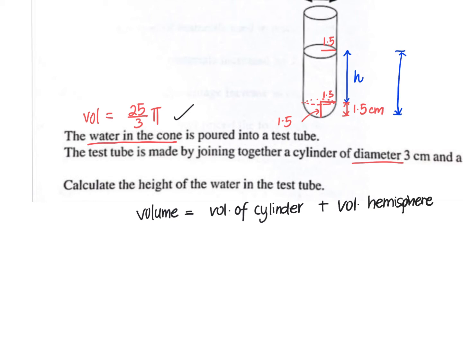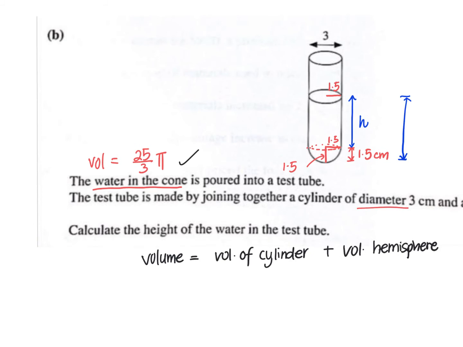Correct? So let's revise a little bit on the different formulas. For a cylinder, the volume is given by the base area times height. The base area is the shape of a circle, so it's pi r squared times the height.